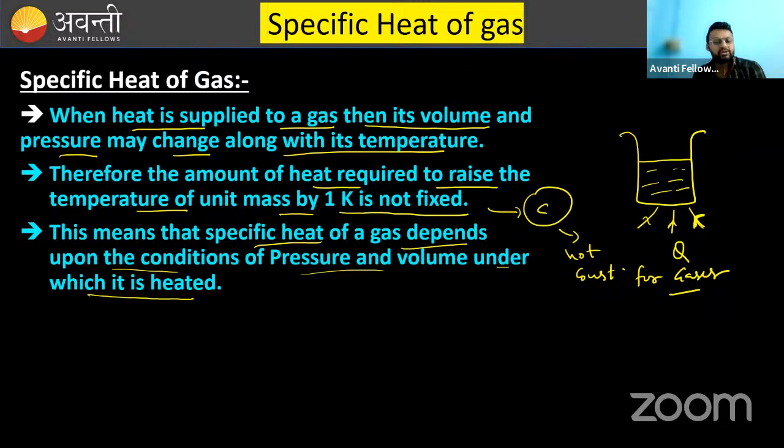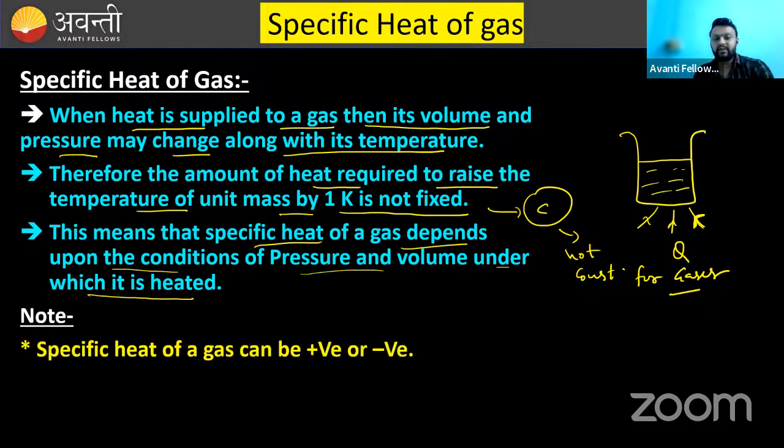But if it is not constant, then what values can it take? There are a lot of conditions and situations, but the crux is that the specific heat for gases may be positive, may be negative. That's the important thing. This is an optional question that once came in the examination.